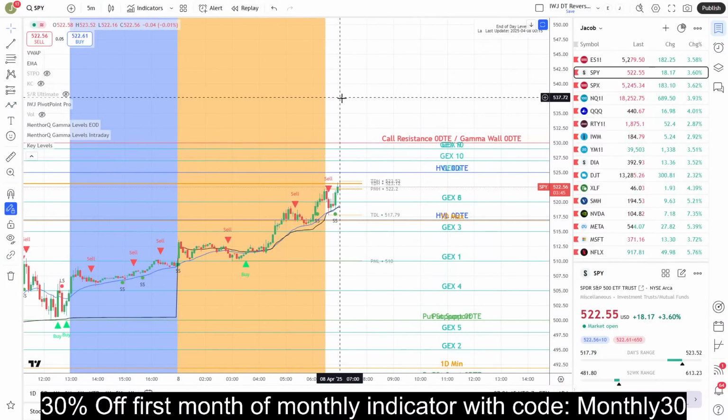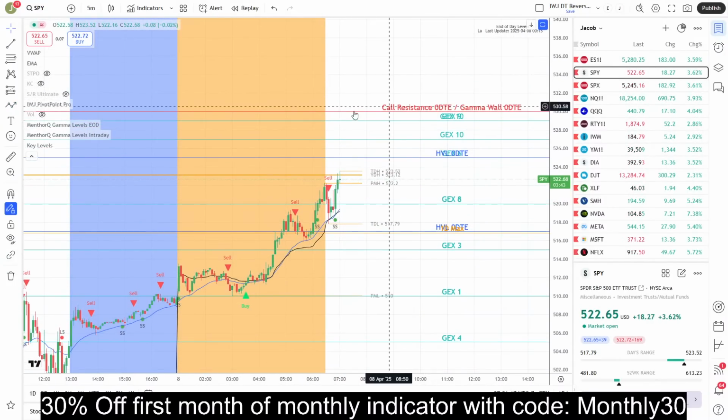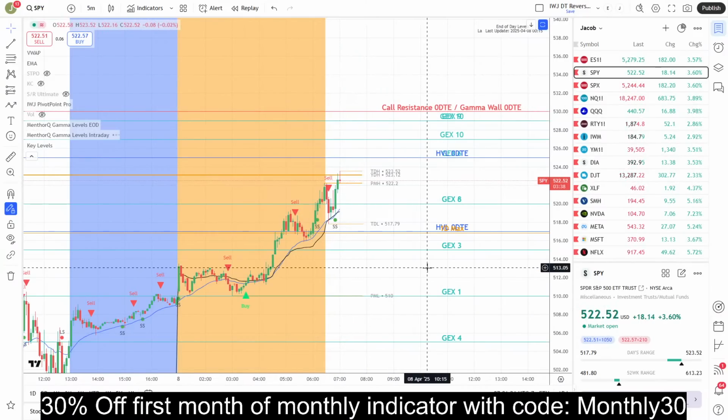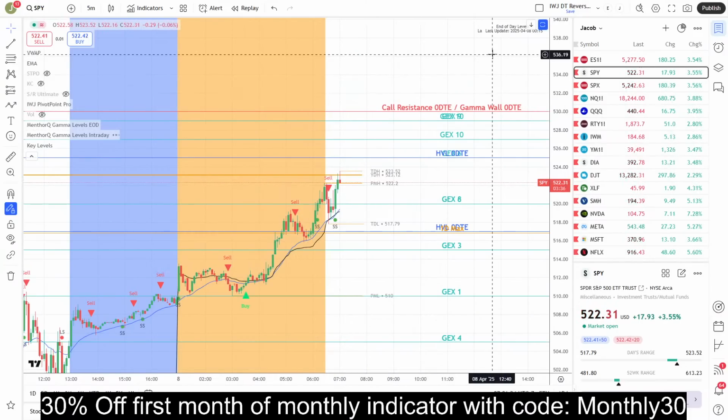So if you have that 530 call resistance hold, you've got your C wave of A in place, then you're looking for your B wave pullback, and then you look for C back up to hopefully that 5600 to 5800 area. And at that point, we'll probably look to short the market in a pretty good way, pretty far out, with a running long hedge on that.